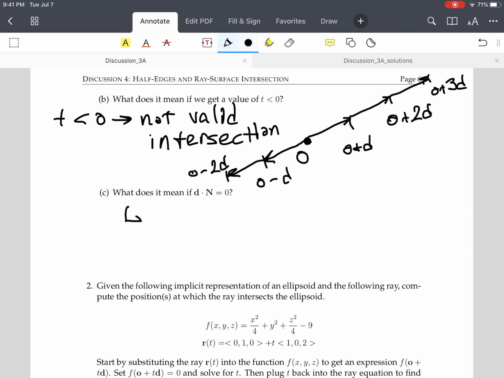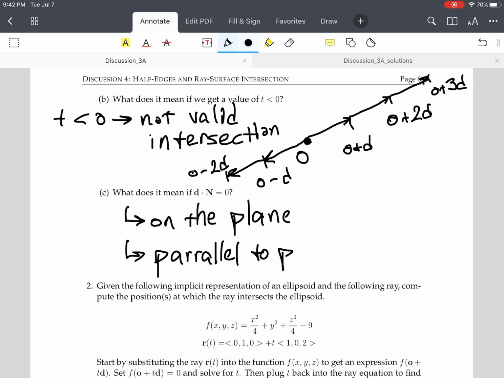It's either on the plane, or parallel to the plane, right? And so given this, we can make some inferences about the intersections. If it's on the plane, that means there are infinite intersections.